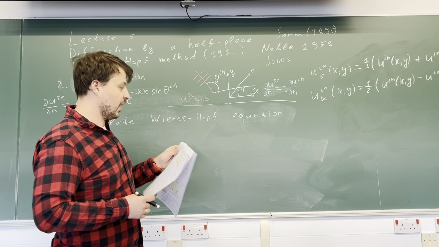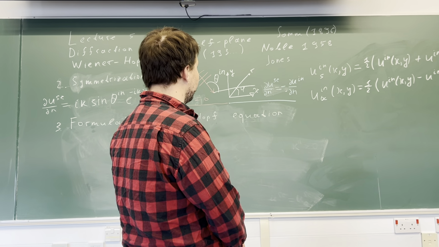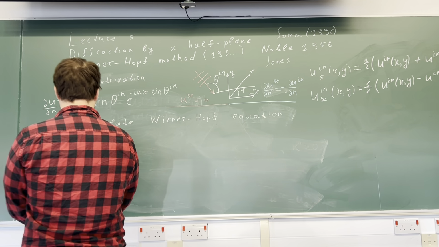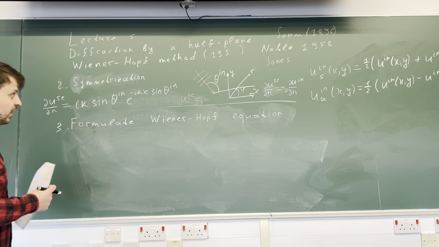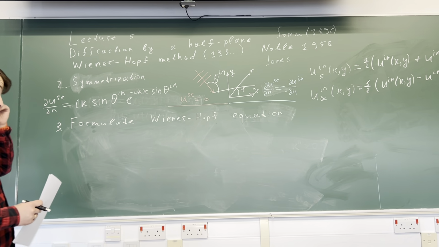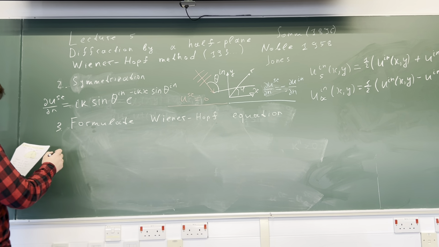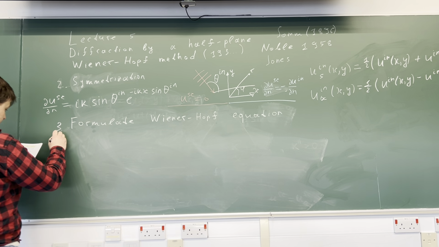And just to make things less boring and more interesting, I will follow another approach which I like a lot. It doesn't have a particular name behind it, but I will call it the Green's formula method.